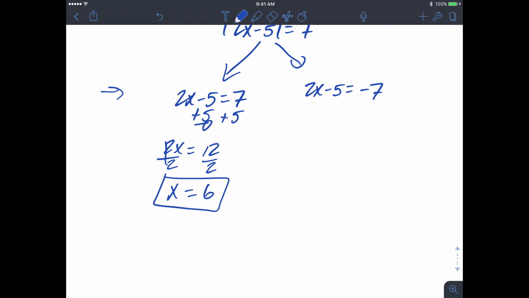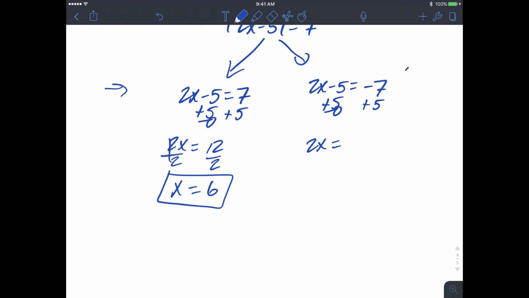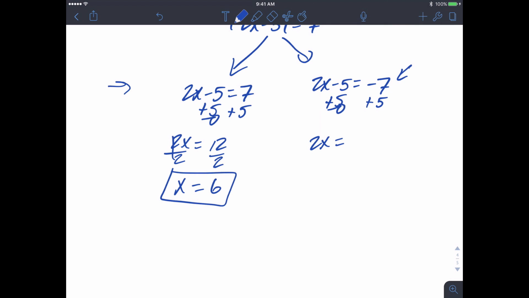The other one, other side. Add 5, just like you did in the previous example. Add 5. 2x equals... So people always struggle with the negatives. So you have negative 7 plus 5. That's like if somebody owes you $7, right? You're negative $7 in the hole. And they say, hey, you know what, I only got $5. They give you $5. How much do they still owe you? They owed you 7 and they only paid you 5.